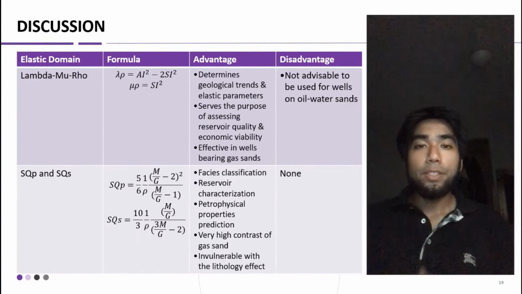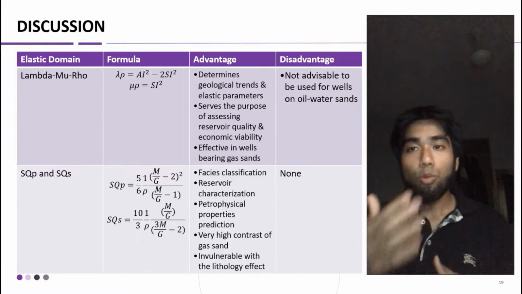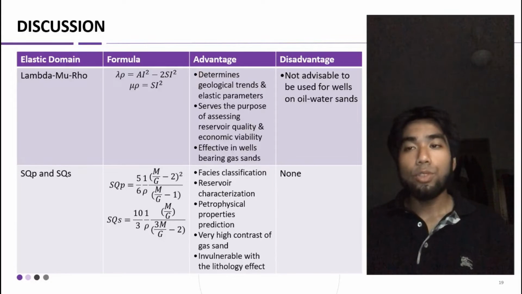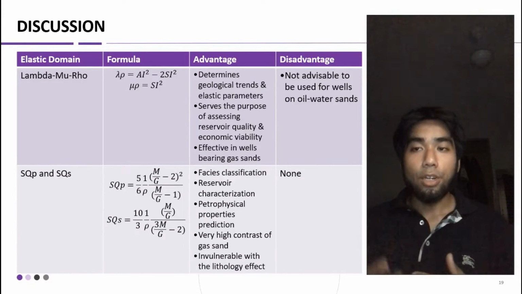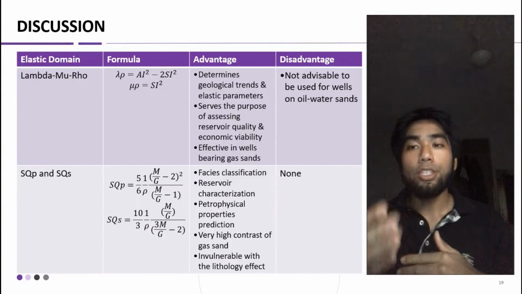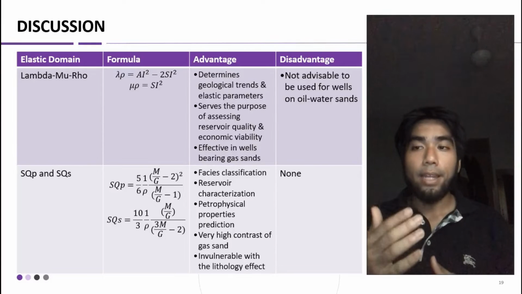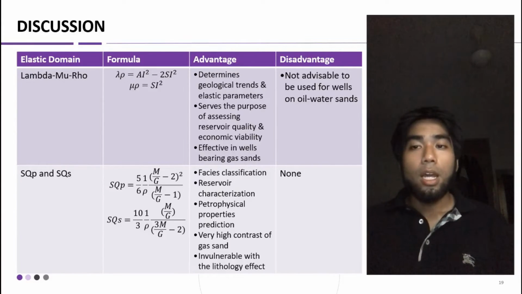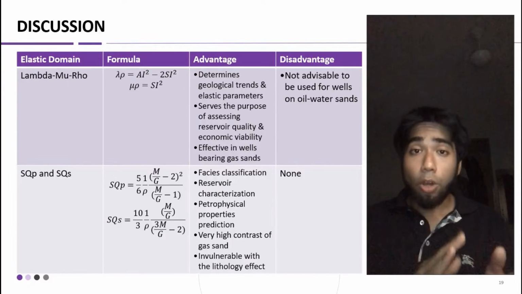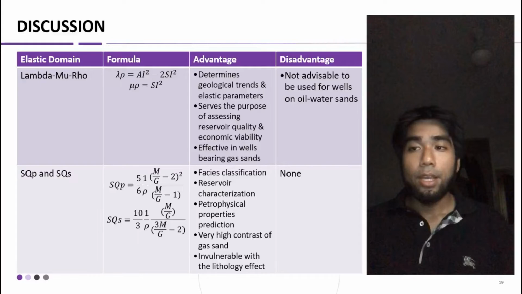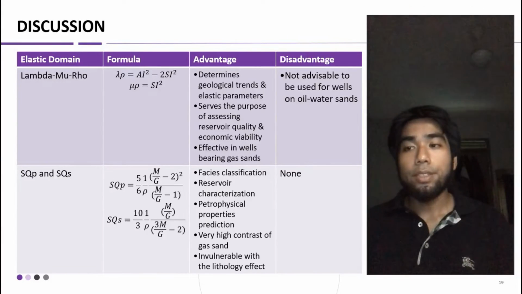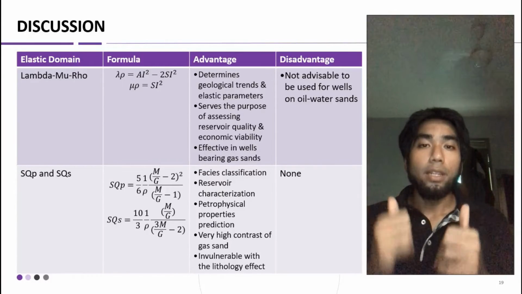So in comparison with other fluid indicators, SQS and SQP has the highest correlation values with water saturation curve and very high contrast in lithofluid detection and differentiation. We analyzed that the effect of lithology on Poisson ratio and lambda mu rho is still high, but not on SQP and SQS. Hence, it can be concluded that SQP and SQS is the best fluid type indicator.